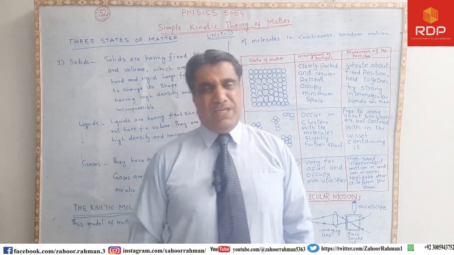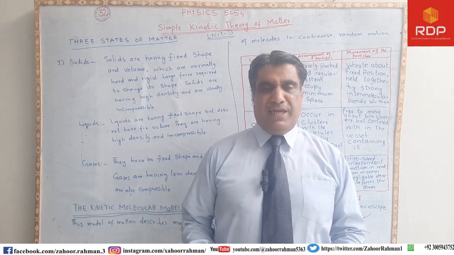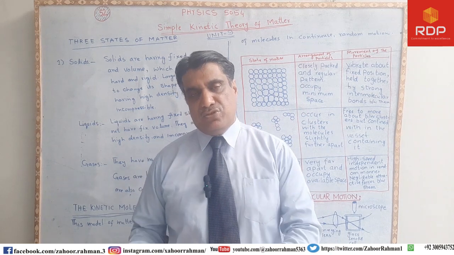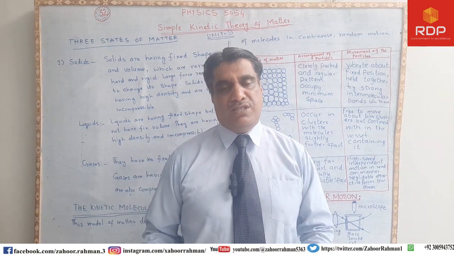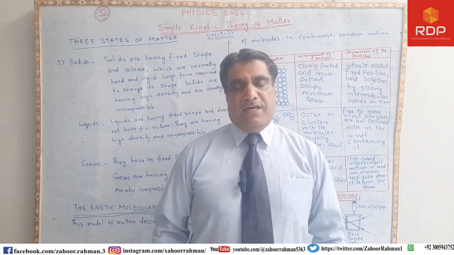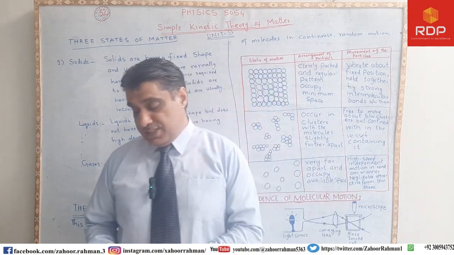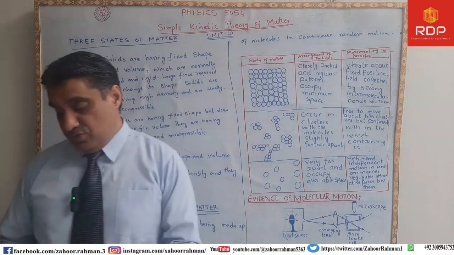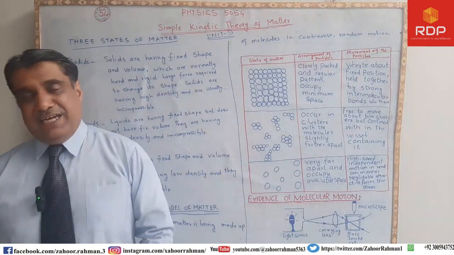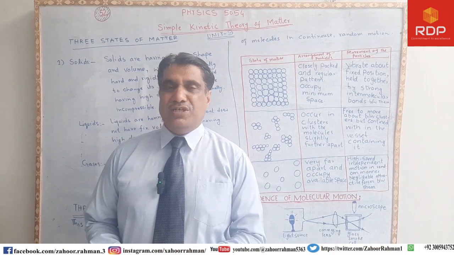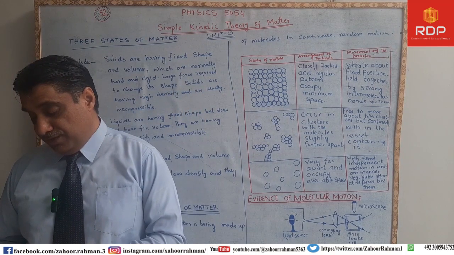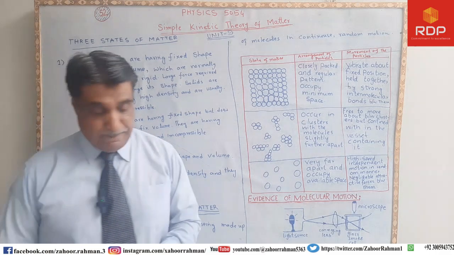This is a very important topic in this unit, and in the next few units we will talk about this theory very frequently. Ladies and gentlemen, this is given in your book on page number 130, and in this unit we will develop a molecular model for matter.